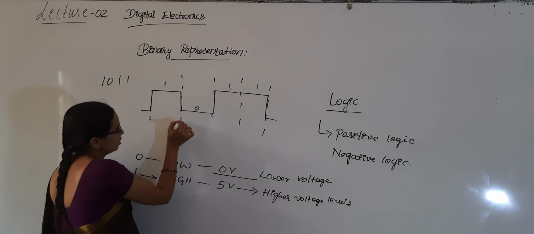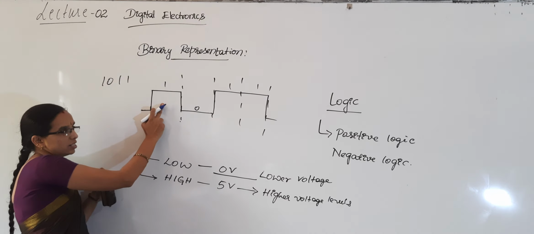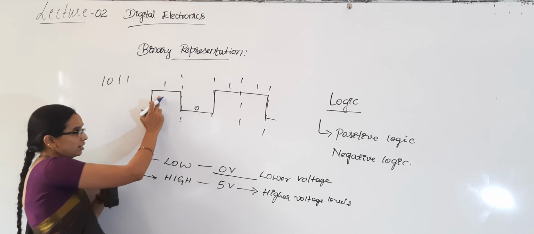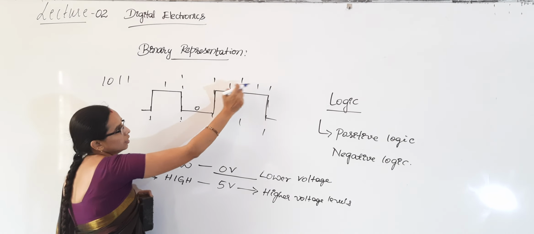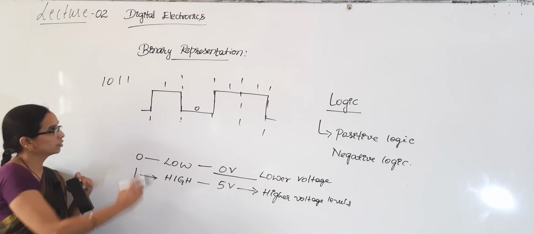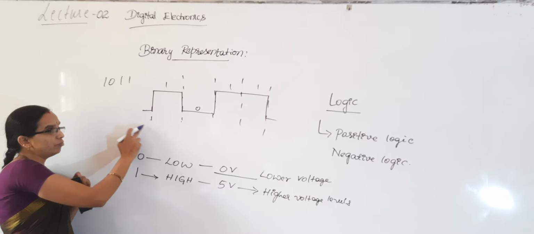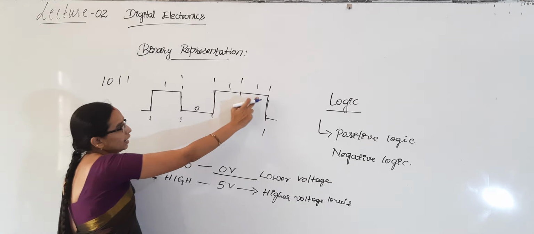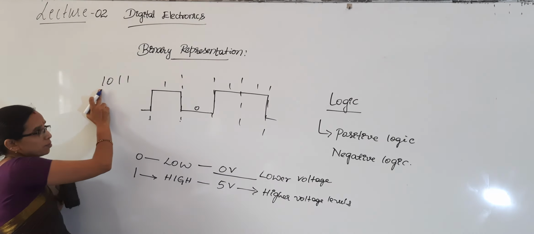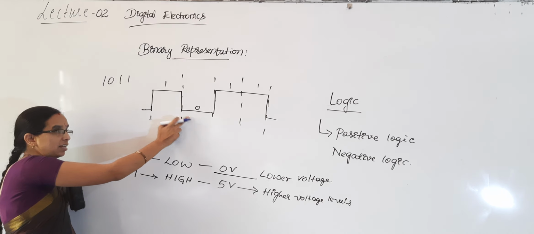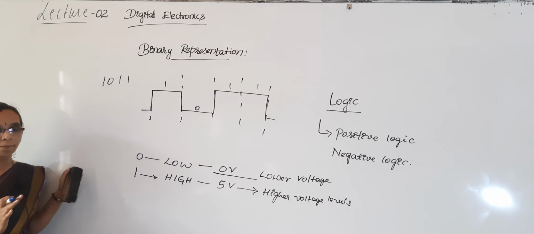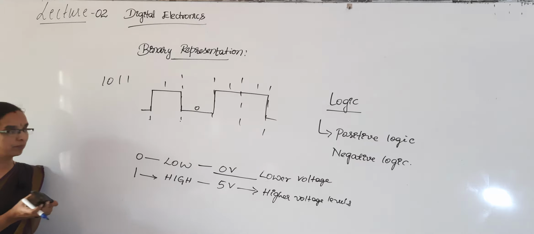In this duration, the logic circuit's state is at 1, 0, 1 and 1. If this is the case, 1011 is represented by high, low, high and high. That means 1 is represented as a higher voltage level and 0 is represented as a lower voltage level, and this type of logic is called positive logic.